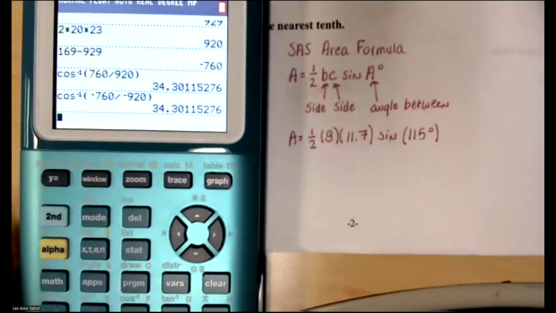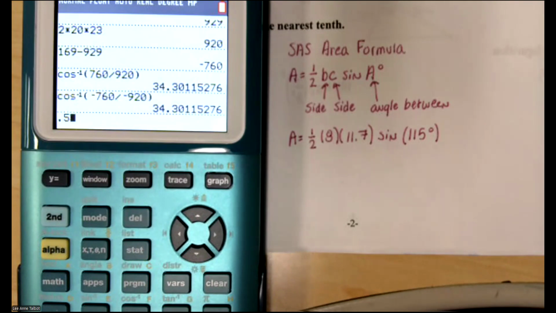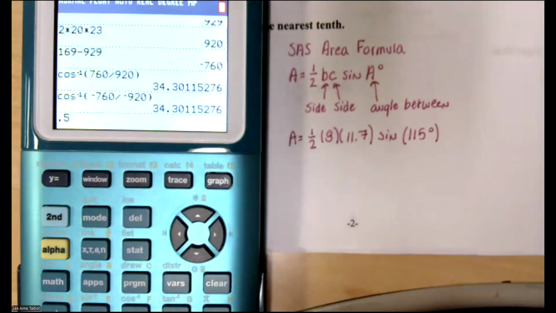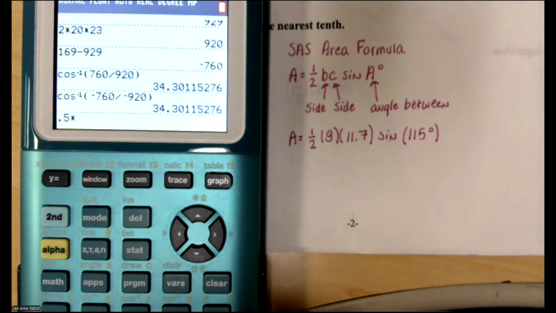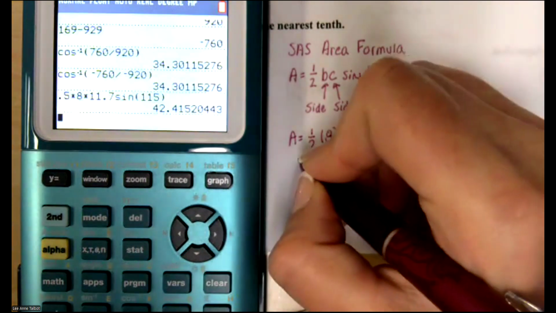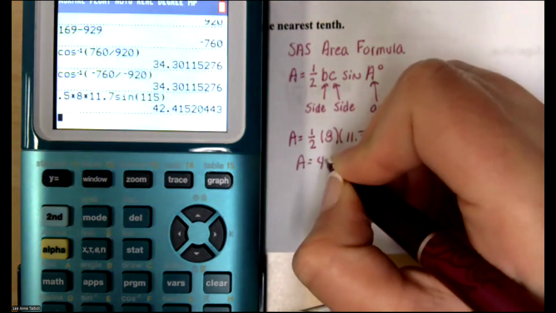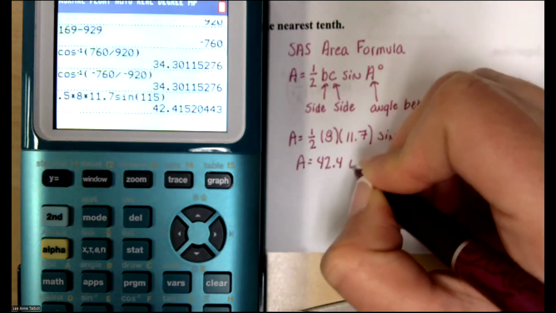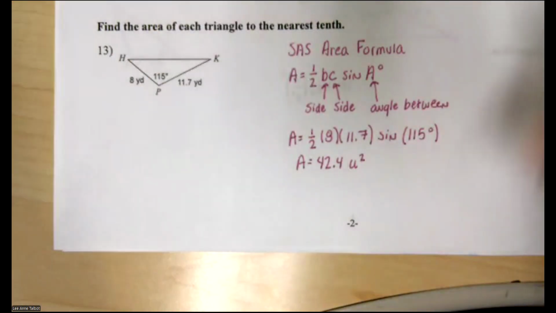I type 0.5 in for half because it has less calculator keystrokes than 1 divided by 2. 0.5 times 8 times 11.7 sine of 115 yards.